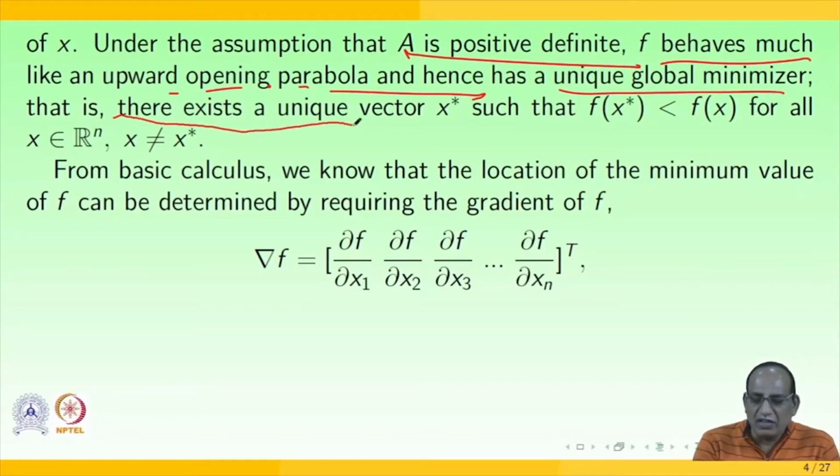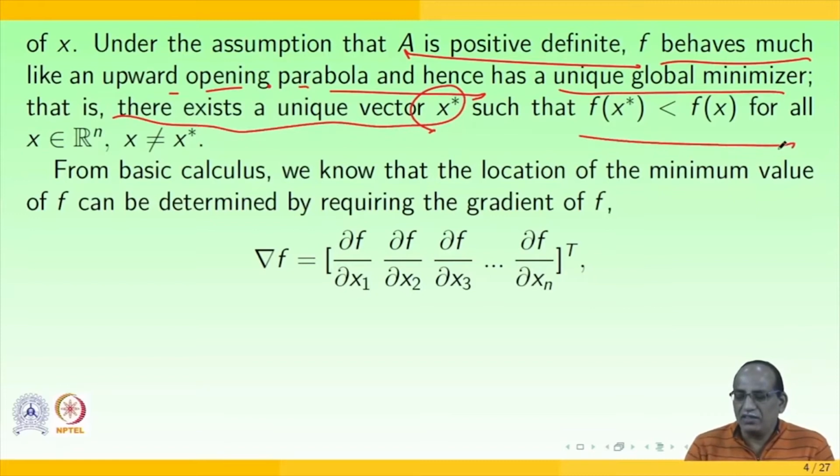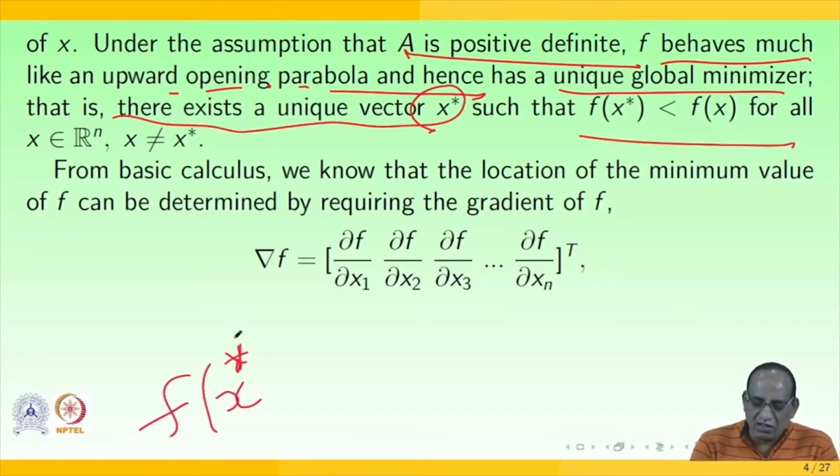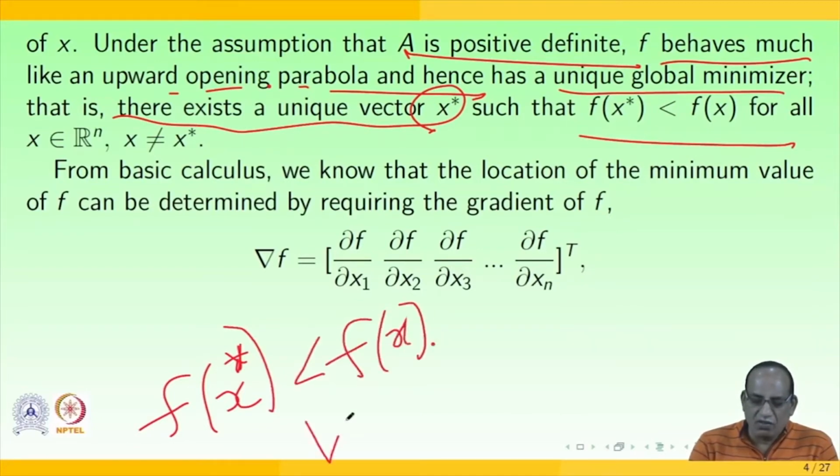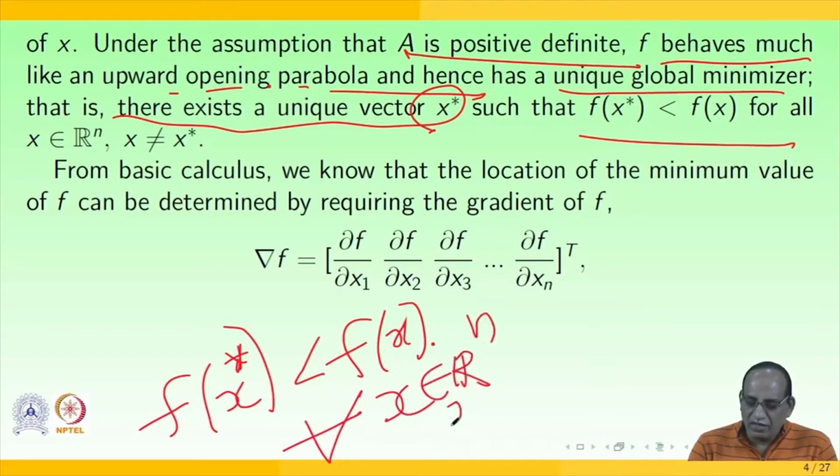There exists a unique vector x star such that F of x star is less than F of x for all x belonging to R^n, x not equal to x star.